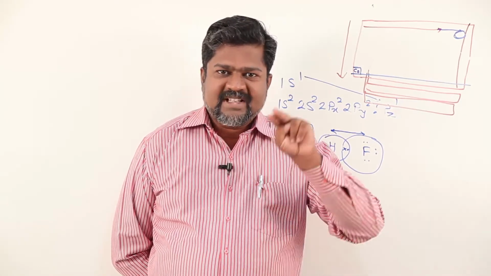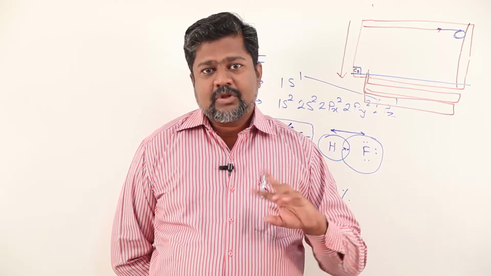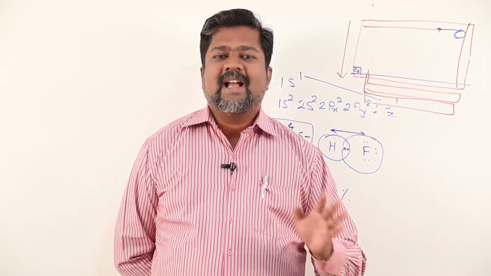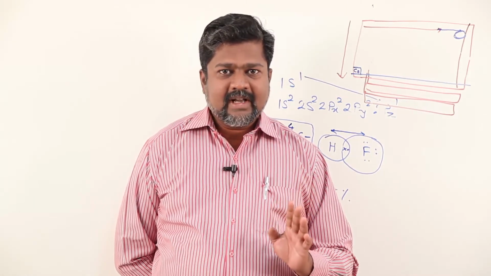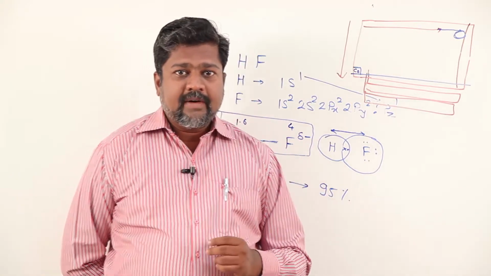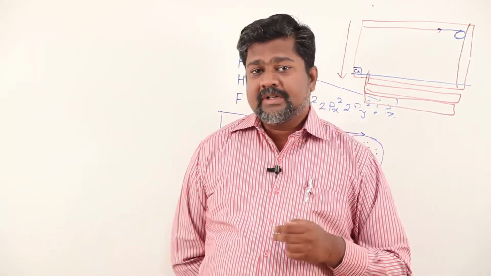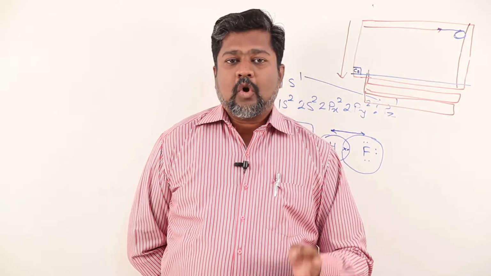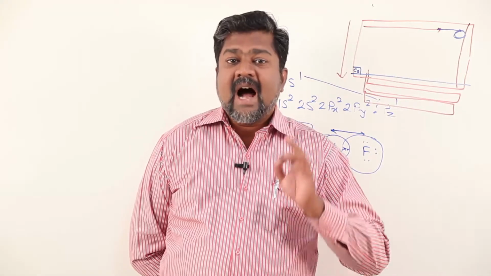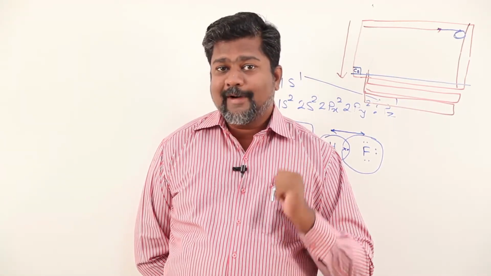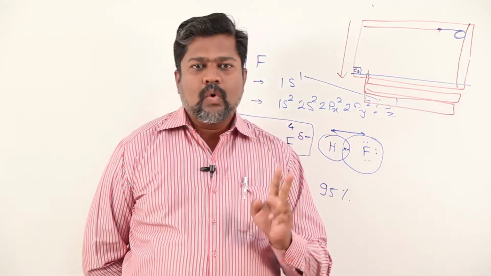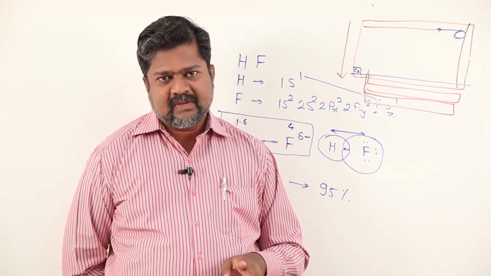So here the atom is isolated, that means not in bonding condition, and it is gaseous. Getting the idea? So electronegativity is measured in bonding condition, whereas electron affinity is measured in isolated condition, not in bonding condition. So these two are major differences.